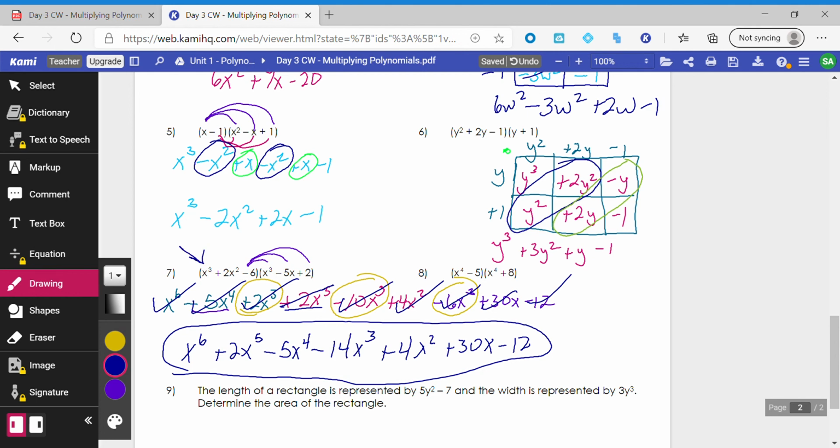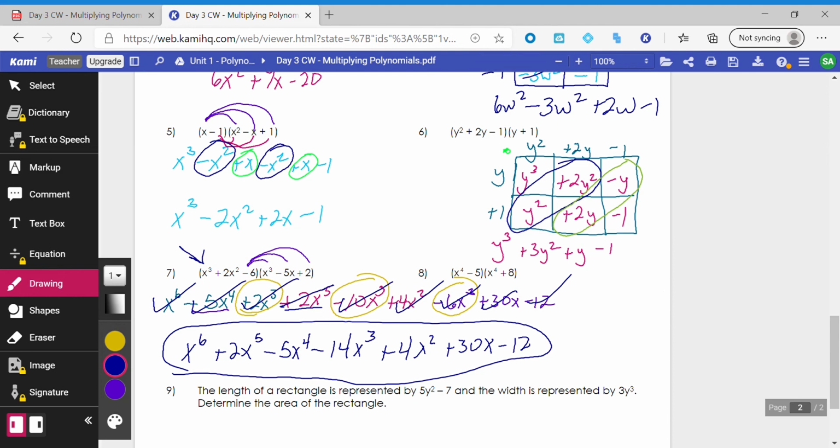So again, trinomial times a trinomial, you could end up with a very lengthy answer. So that's using distribution on the trinomial times the trinomial. Using box method, instead of 2 rows and 3 columns like we did in number 6, you're going to have 3 rows and 3 columns, and you're going to end up with this same answer.